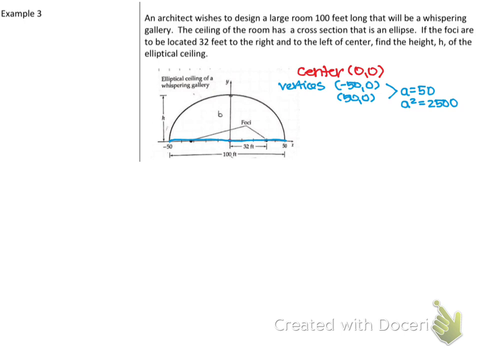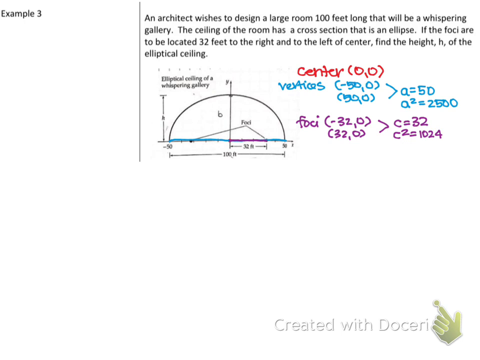Co-vertices, I'm not quite sure yet, but I do know c. So my foci are at (negative 32, 0) and (32, 0), which means c is equal to 32, which means c squared is equal to 1024, if I multiplied that out correctly. If I know that, then I can find b squared.